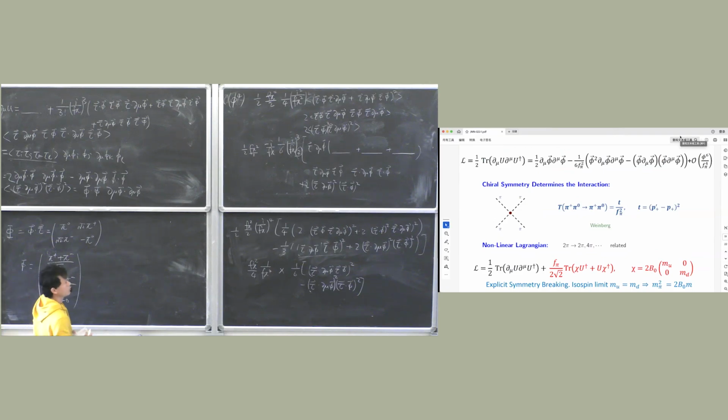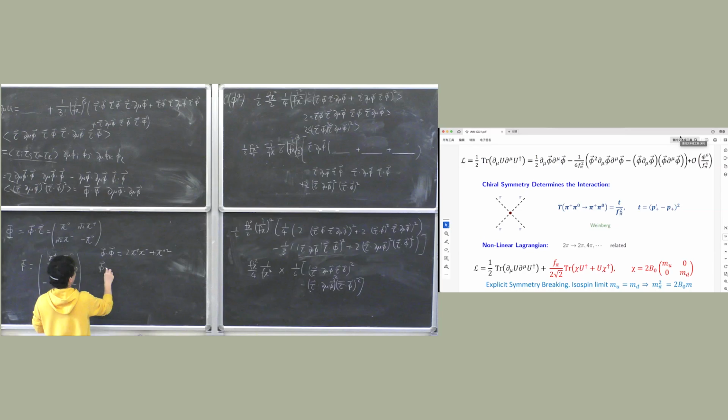So, for example, what the building block contains, we can calculate it as this. Just use this one.